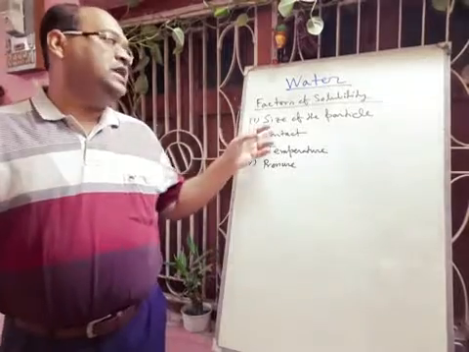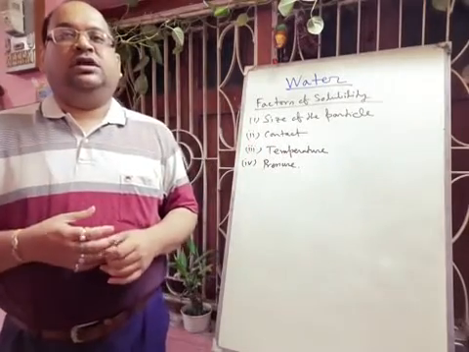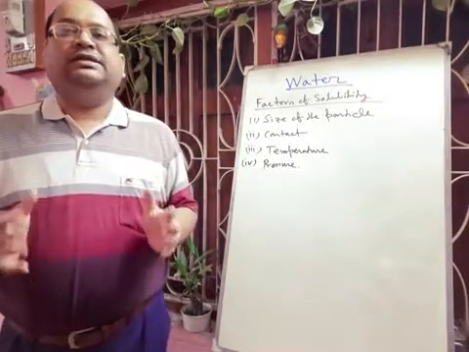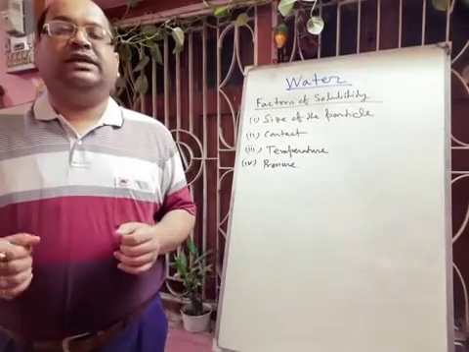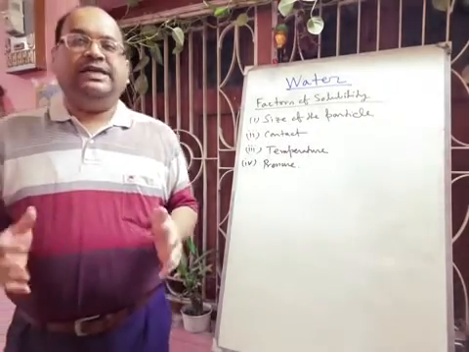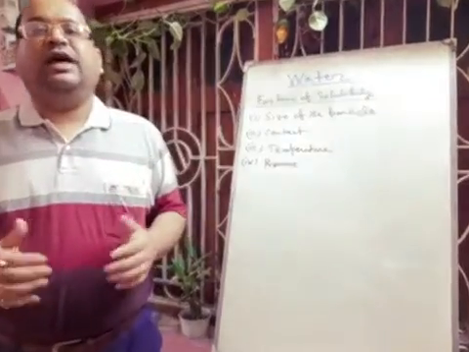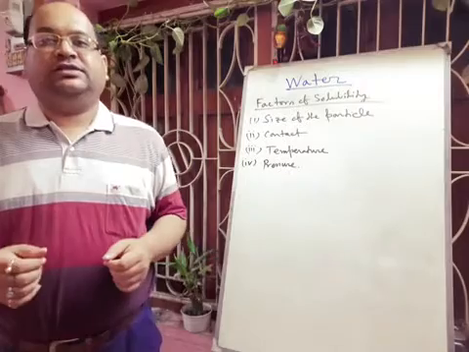First one is the size of the particle. If we decrease the particle size, the surface area of the solute particles increases, and hence the particles get more contact with the solvent and the solubility of the solute increases.